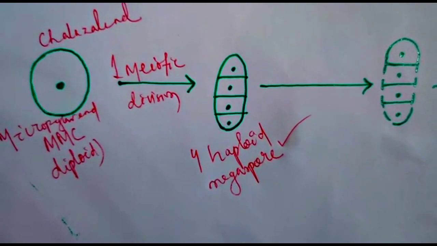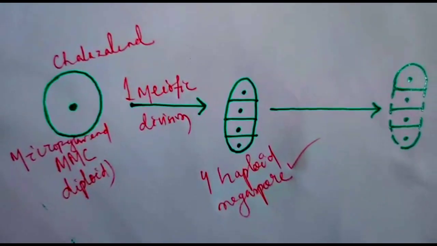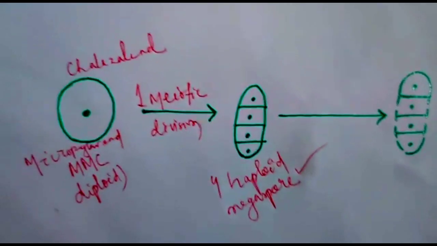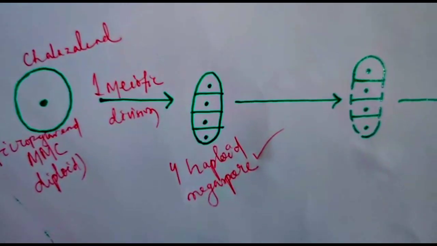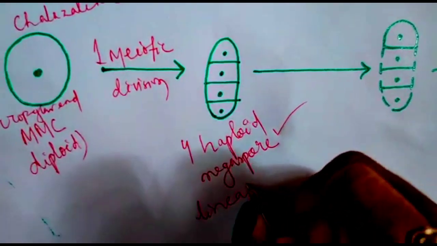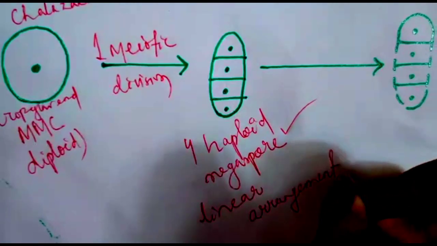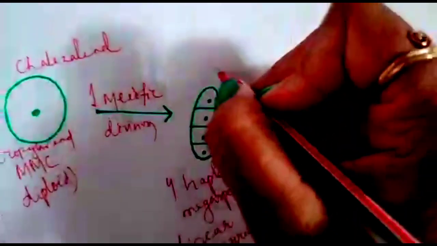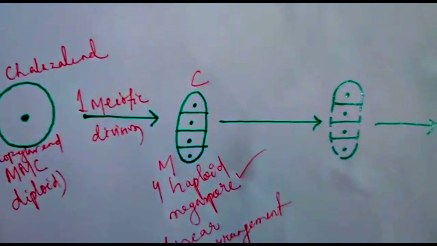These haploid megaspores are arranged in a tetrad condition, linearly arranged. So this is the linear arrangement of the tetrad. This is the chalazal end and it is the micropylar end.